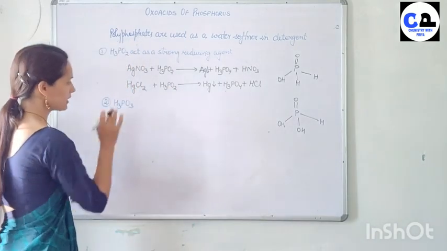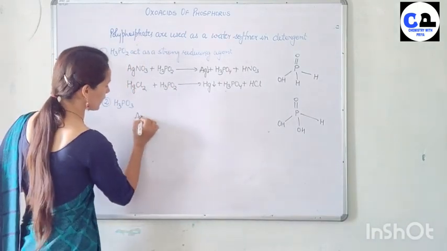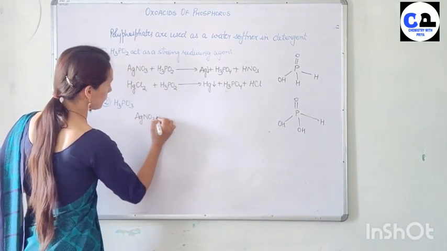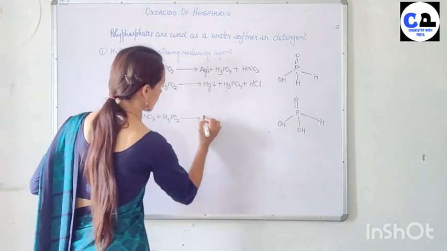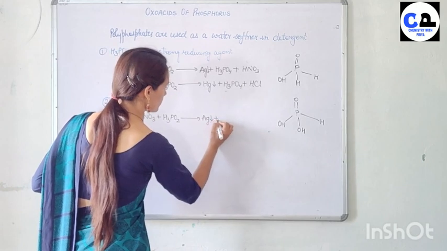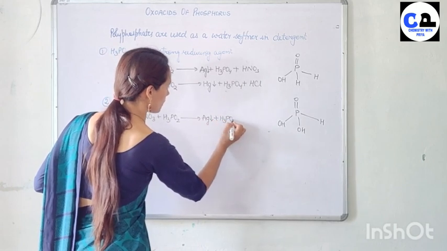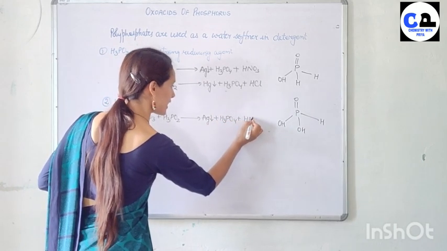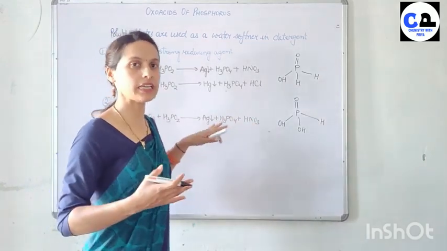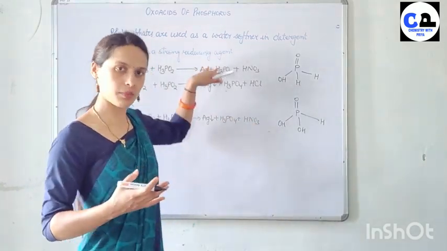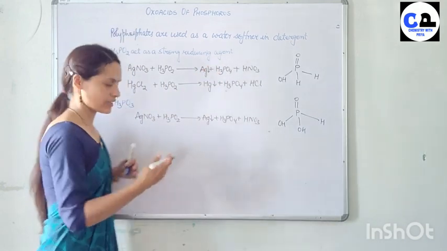And in this, AgNO3 plus H3PO3 gives Ag plus H3PO4 plus HNO3. The reaction is the same, but the rate of the reaction is a little less as compared to the above one.